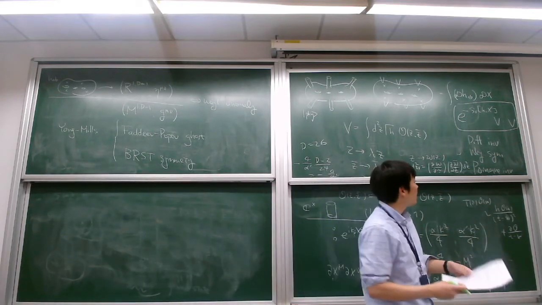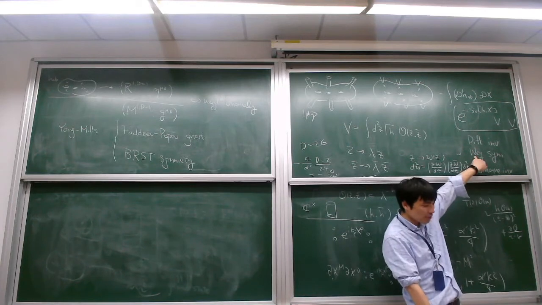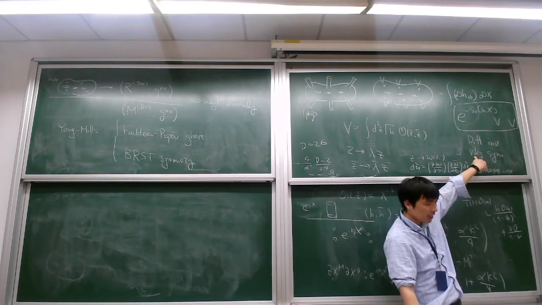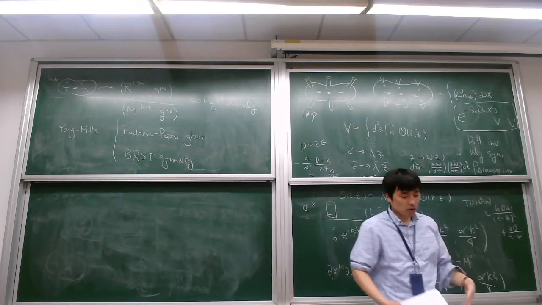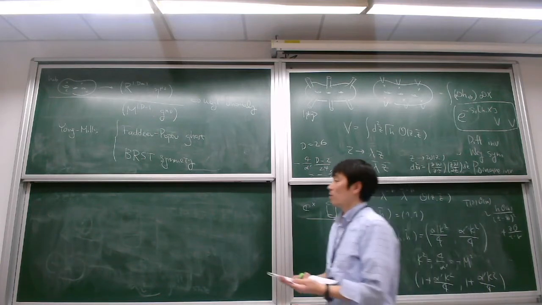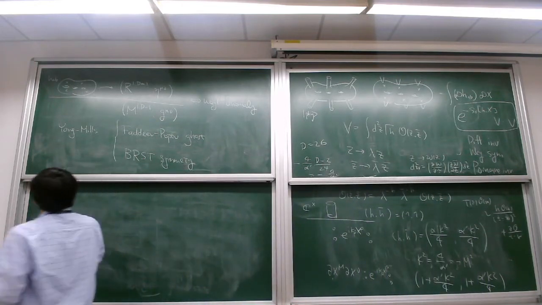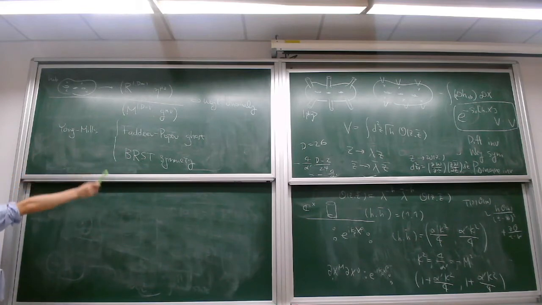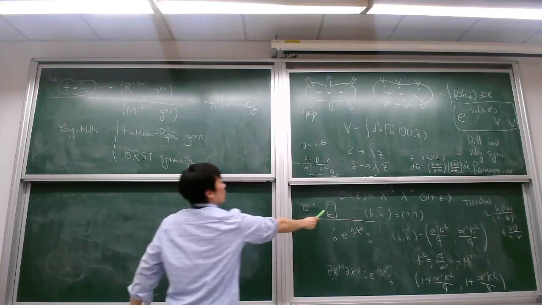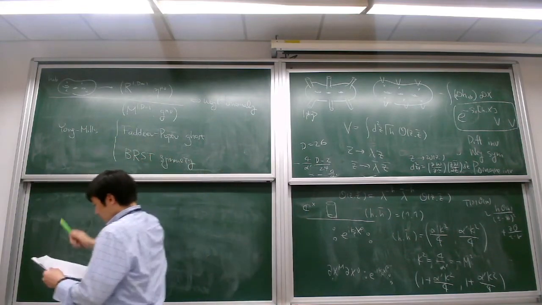Anomaly means the action has a Weyl symmetry at the classical level, but at the quantum level it's broken. That's what we're going to see once you replace the flat surface with a general Riemann surface.